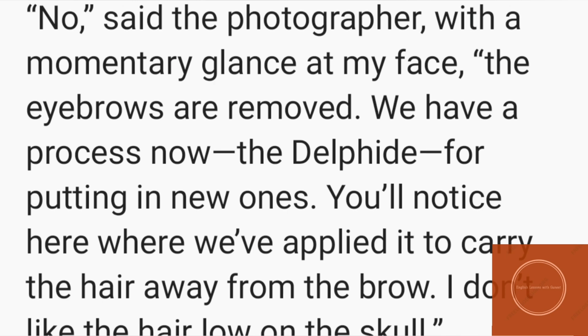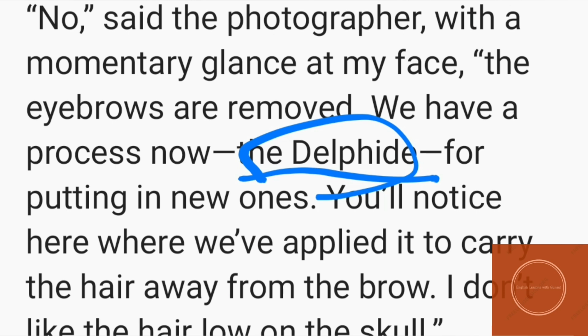He had used a process called Delphide, through which he edited the photograph, removing the original eyebrows and putting in another set.